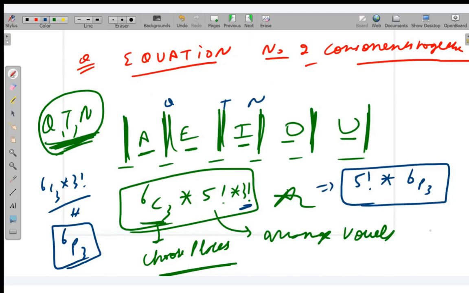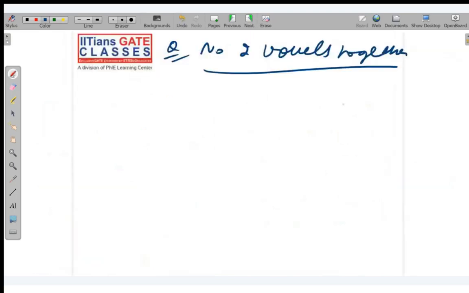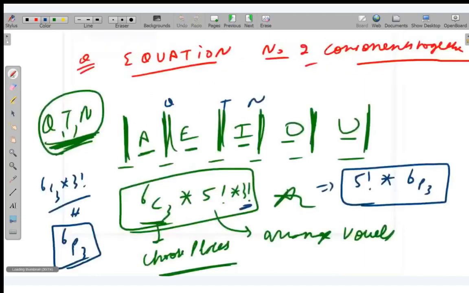Done, sir. Okay. Next is no two vowels together. So same type of question, same way. So how many consonants are there? QTN. So are you getting it now? When I said no two consonants together, first I arranged the vowels, and then on the places which they created, I put the consonants.